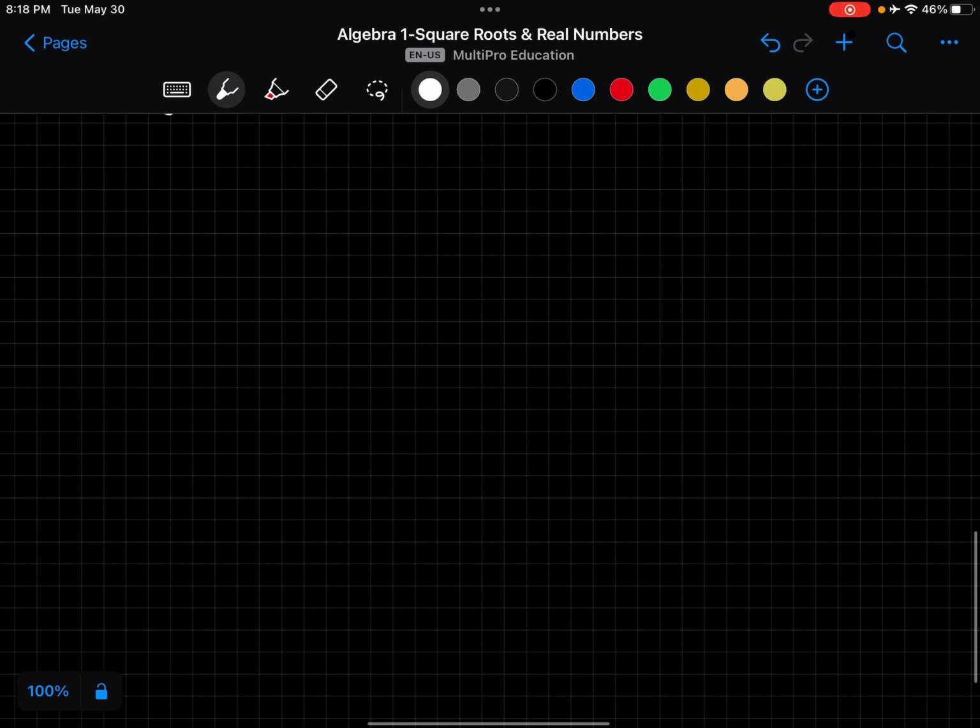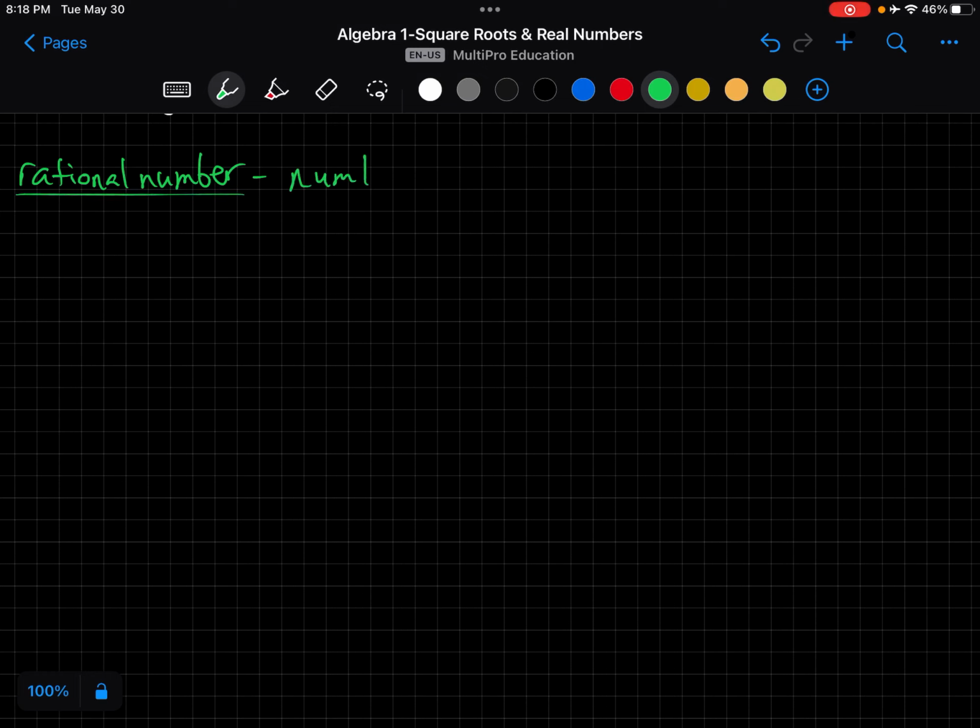Alright. So let's talk about a couple definitions here. Let's remind ourselves, because we've covered this already, but a rational number, so that way we understand what an irrational number is. So a rational number, it's rational, right?